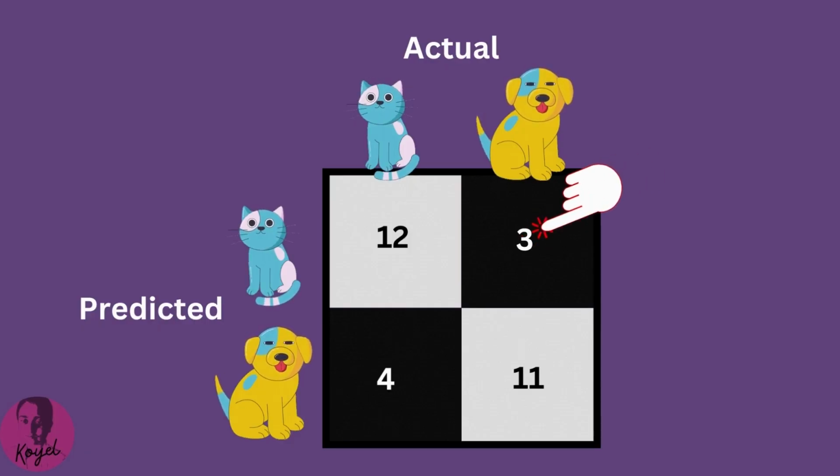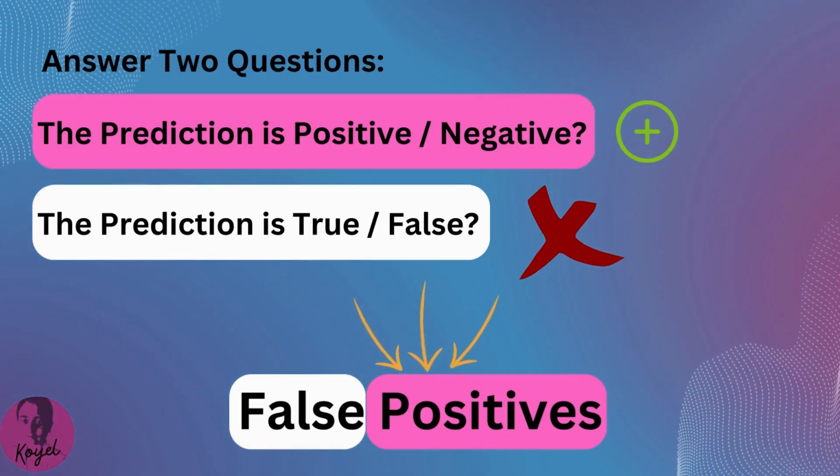Similarly, we target the top right cell. We try to answer the same two questions. Is the prediction positive or negative, and is the prediction true or false? The answer of the first question becomes positive as the predicted class level is cat. But here, the predicted class level does not match with the actual class level. Hence, the classification is false.